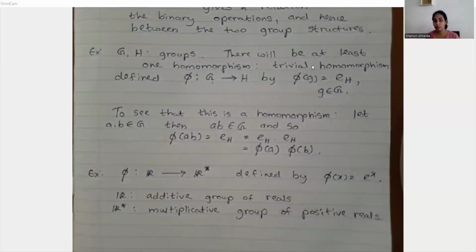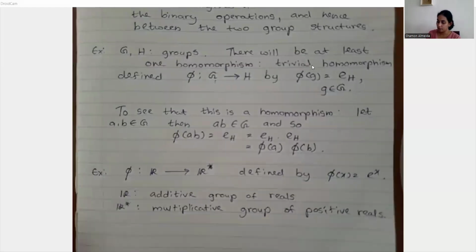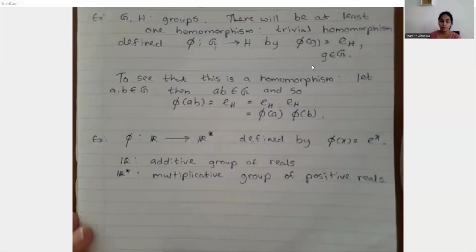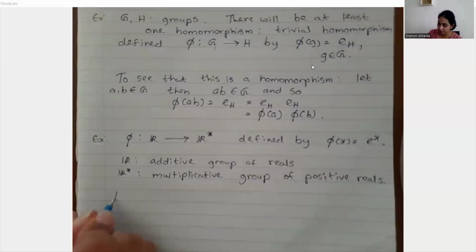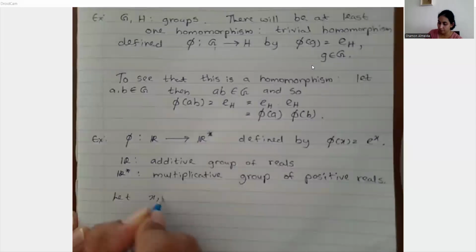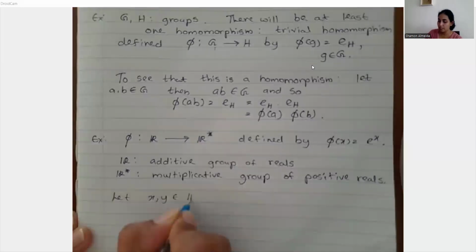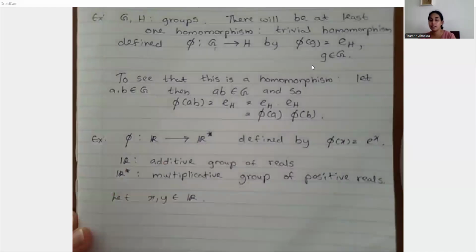Okay. Now, to see that this is a homomorphism, what are we going to do? We will take any two elements x and y from R, any two real numbers. So we want to find phi of x times y.